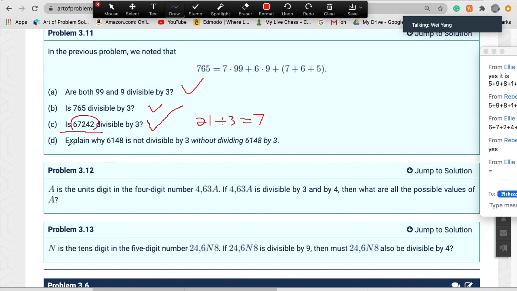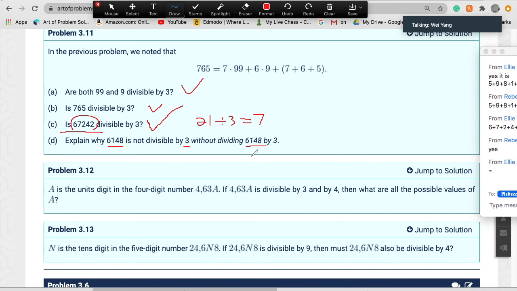Okay, D. Explain why this number is not divisible by 3 without dividing it by 3. Okay, how to do this? Is it if you break it down again, or if you add some stuff? Yeah, add. You don't need to break it down. Breaking it down just helps you understand, but it takes time. Just add their digits.